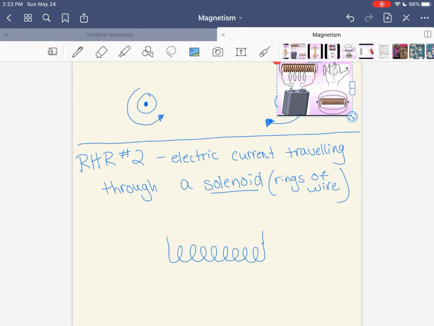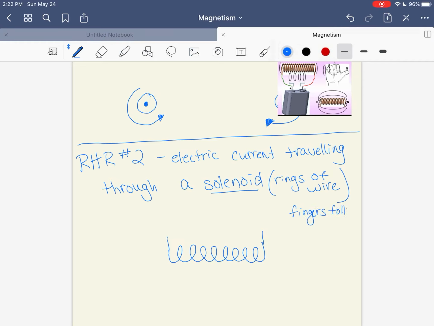In our right hand rule, so this is right hand rule number 2, our fingers are gonna follow the current. And our thumb will actually be the north pole of the magnet, okay?